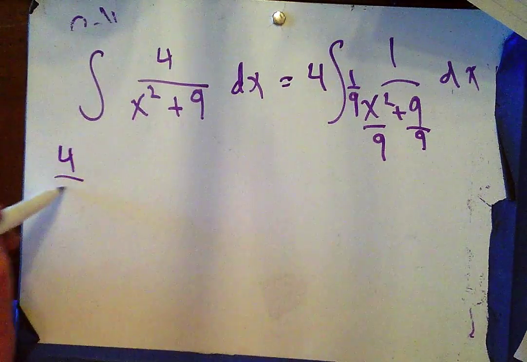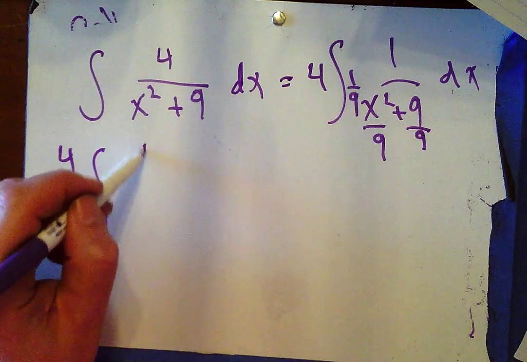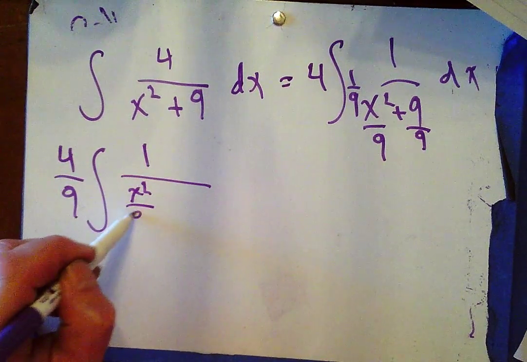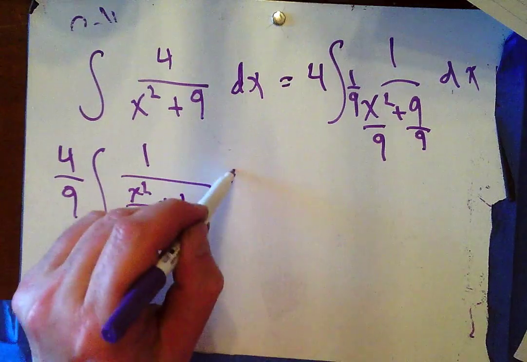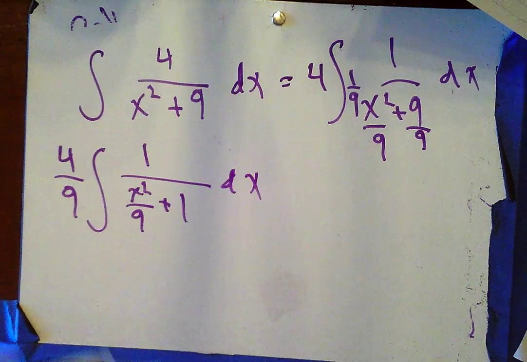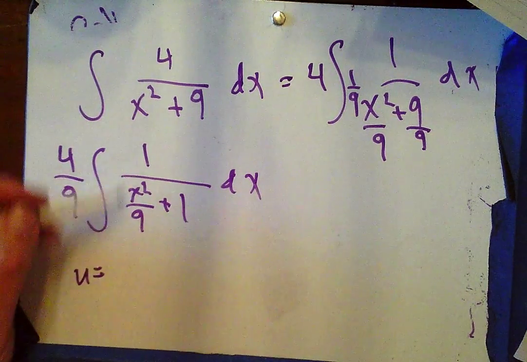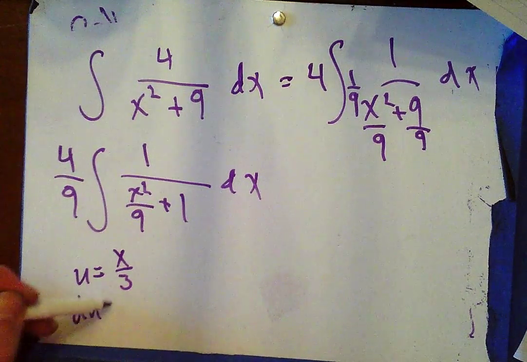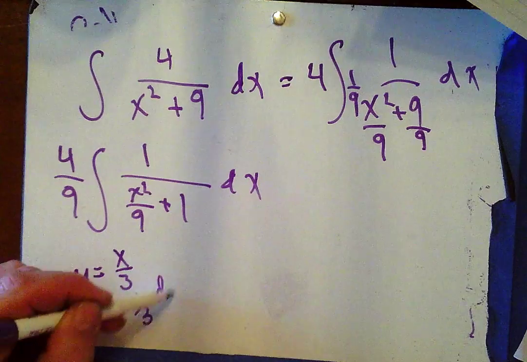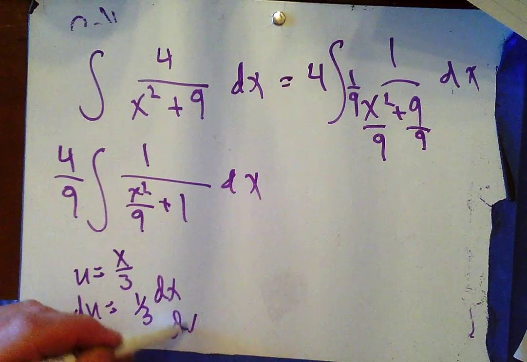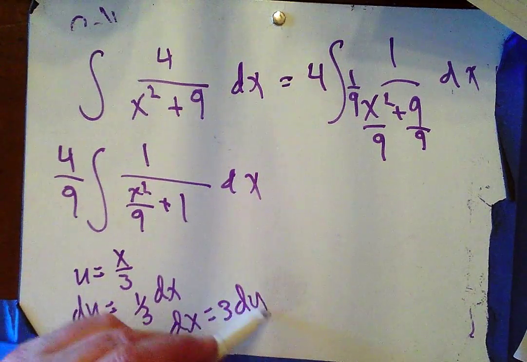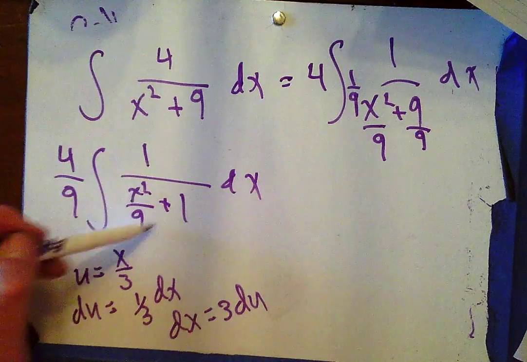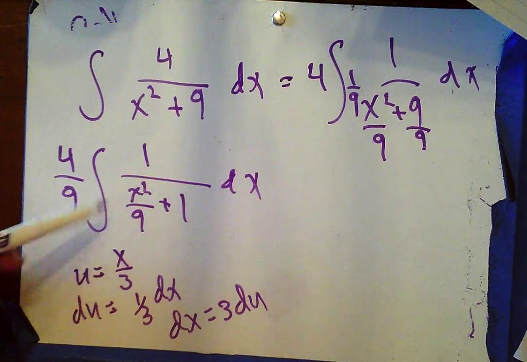And so I'm going to have 4/9 integral of 1 over x squared over 9 plus 1 dx. So my u is the square root of this. U is x over 3. du equals 1/3 dx, or dx equals 3 du. I also know that this is just u squared.